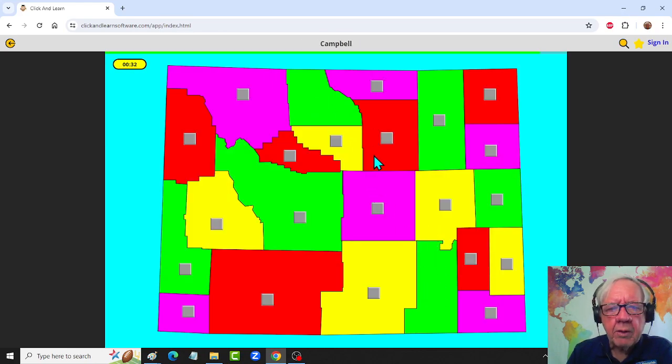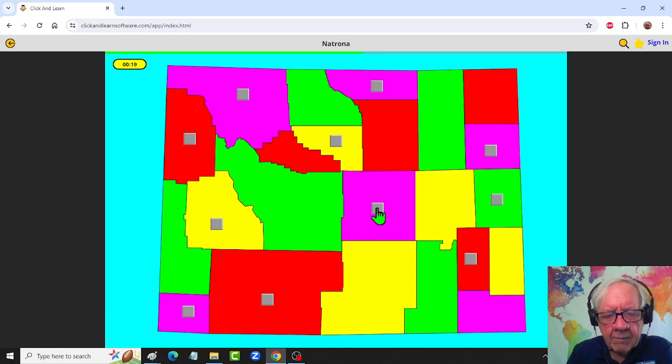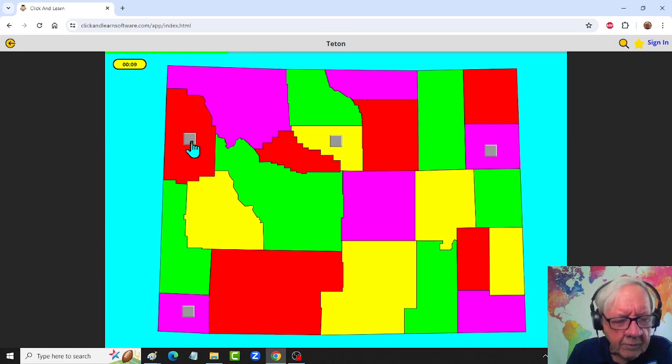Albany, Bighorn, Campbell, Carbon, Converse, Crook, Fremont, Goshen, Hot Springs, Johnson, Laramie, Lincoln, Natrona, Niobrara, Park, Platte, Sheridan, Sublette, Sweetwater, Teton, Uinta, Washakie and Weston.